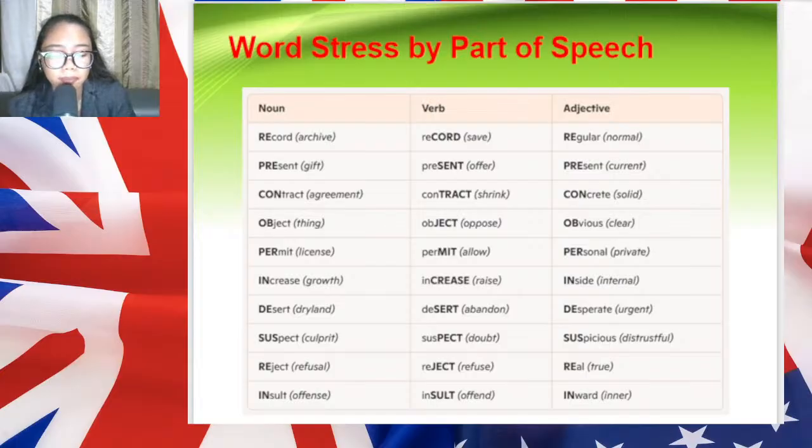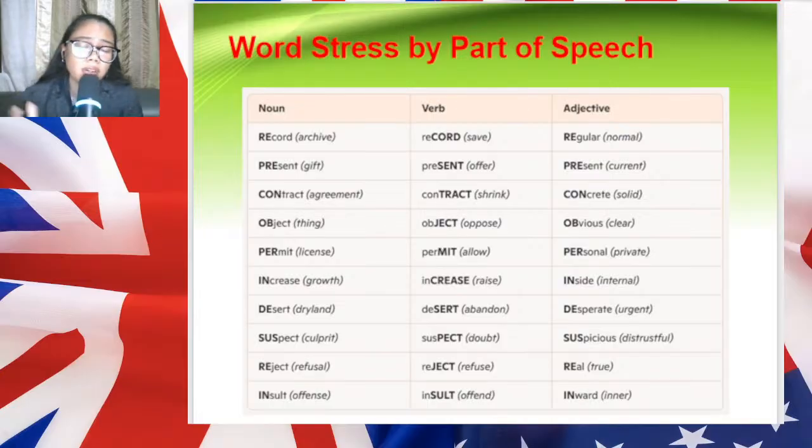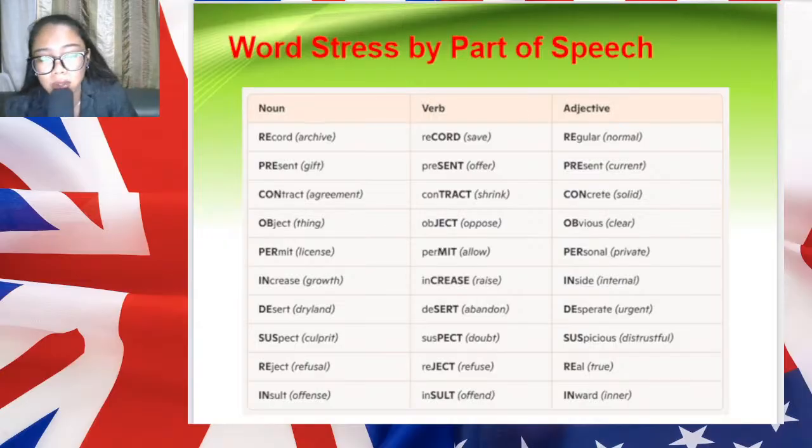Okay. All right. We move on to contract versus contract. Contract is the agreement. Contract is when we shrink. And our representative word is concrete, which is solid. Let's just read all the words and their particular meanings because we cannot really go over one by one, right?